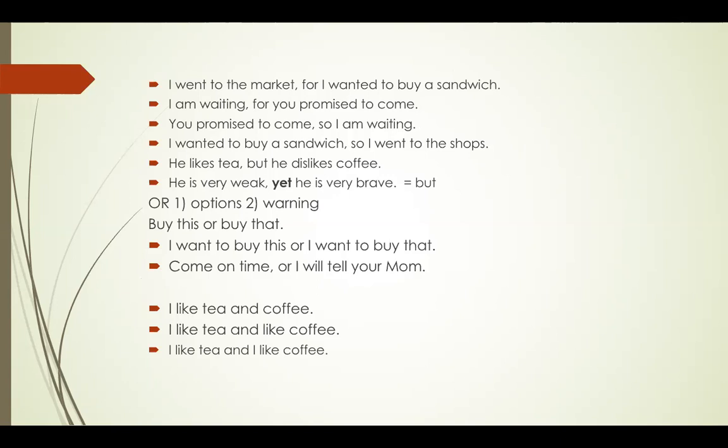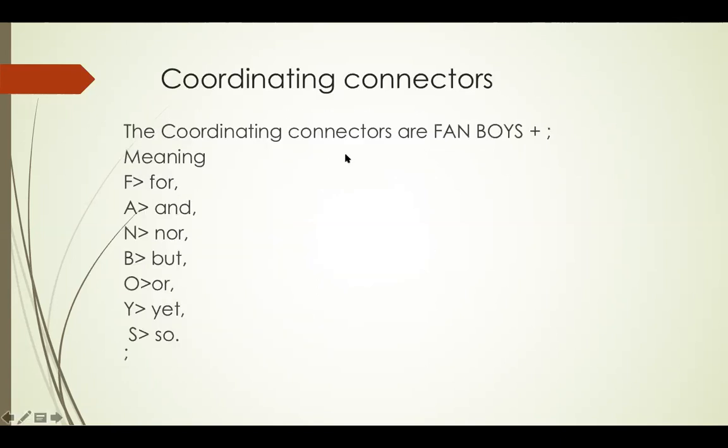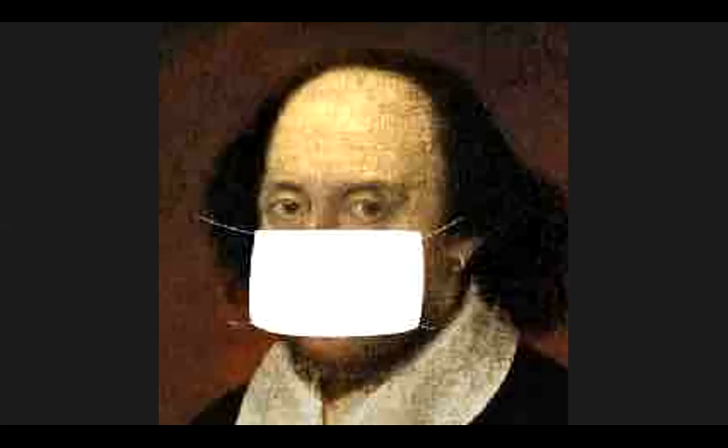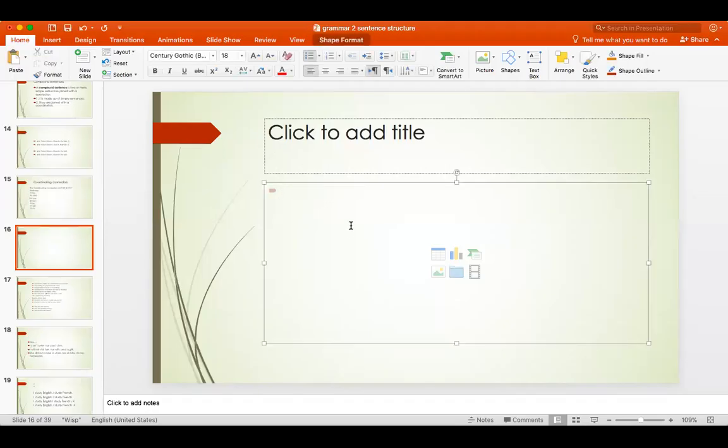Now, look at this. A very important point to understand here is, if you say, let me write this down for you, I study English, I live in Rafah, academically speaking, this sentence is wrong.